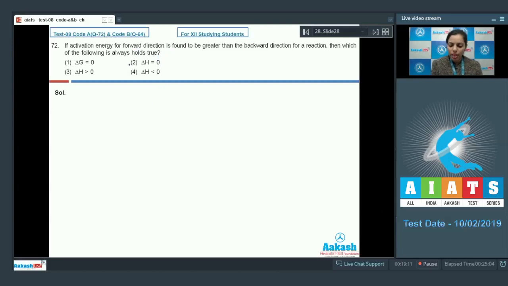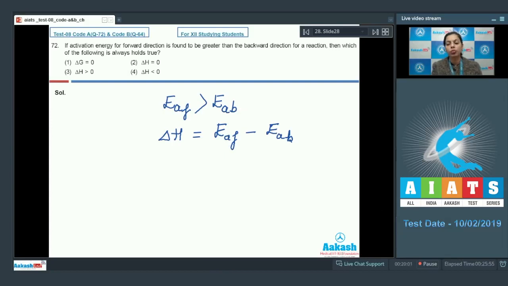Whenever we talk about the enthalpy of a reaction, it is equal to the activation energy for the forward reaction minus the activation energy for the backward reaction. If the activation energy for the forward reaction is more than that for the backward reaction, it means this delta H value is more than 0. And if it is so, we can simply answer our question.